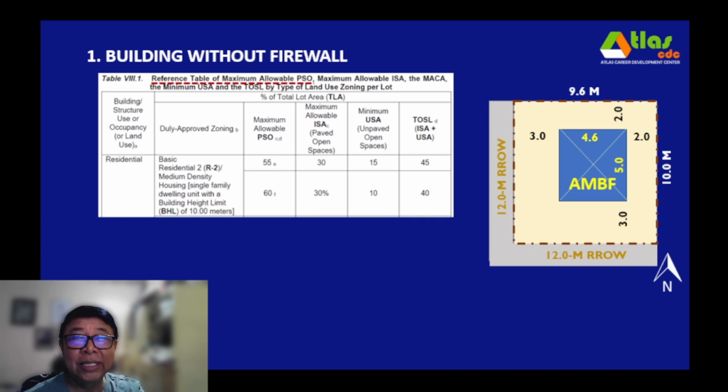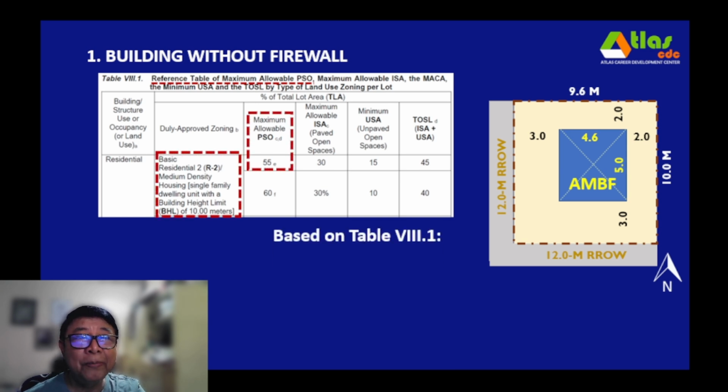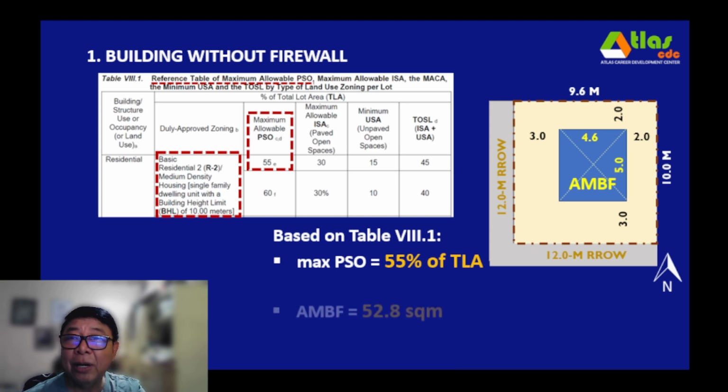So the next reference that we are going to check is table 8.1. This is the reference table for the maximum allowable PSO. And for the zoning basic R2, the allowable maximum PSO without firewall will be at 55% of the TLA. So 55% of our lot area of 96 square meters will give you 52.8 square meters as your AMBF based on this table 8.1.